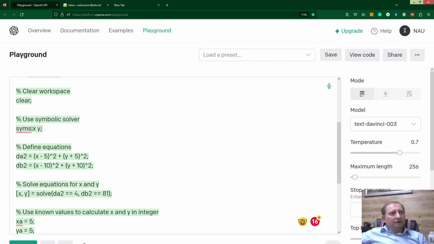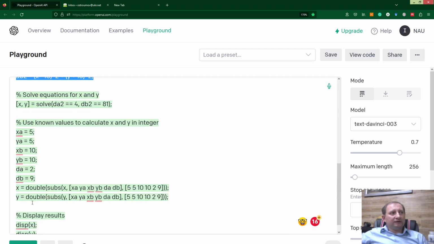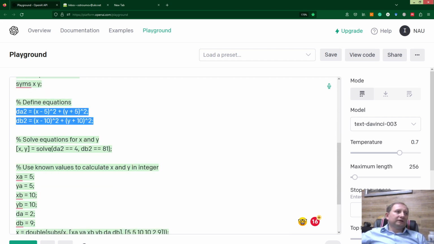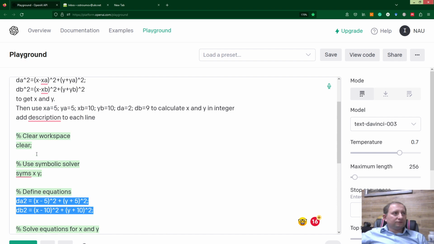There is no xa and ya to get the full analytical expression, because in this case ChatGPT just put our numbers already into the navigation equations and then just asks to solve it. In this case, we do not have an analytical expression for getting x and y values.